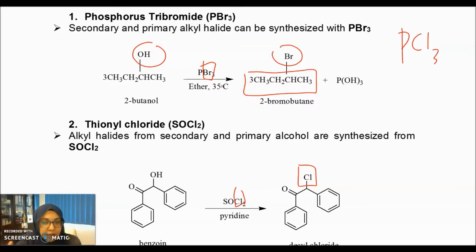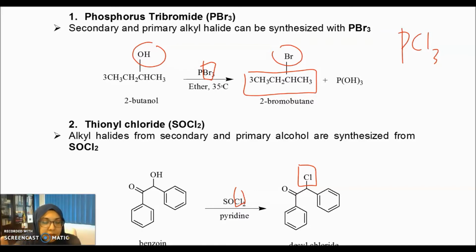Even if the compound is quite huge, like benzoin, there's no other reaction for this compound. There's no reaction at the benzene group. There's no reaction at the ketone part, C double bond O. The only thing that will take place is the substitution of OH.